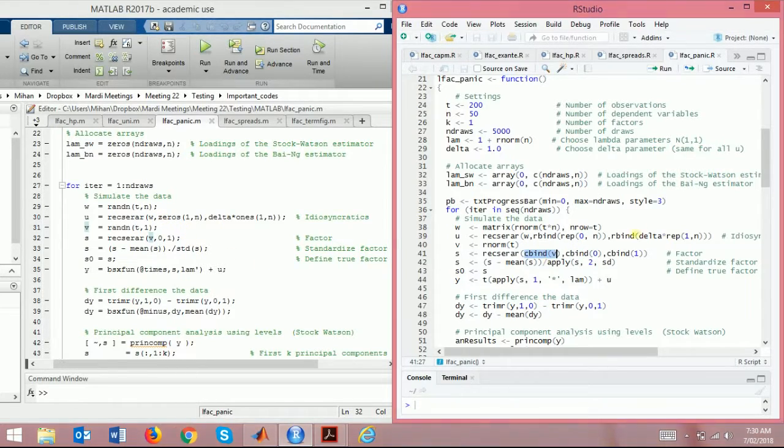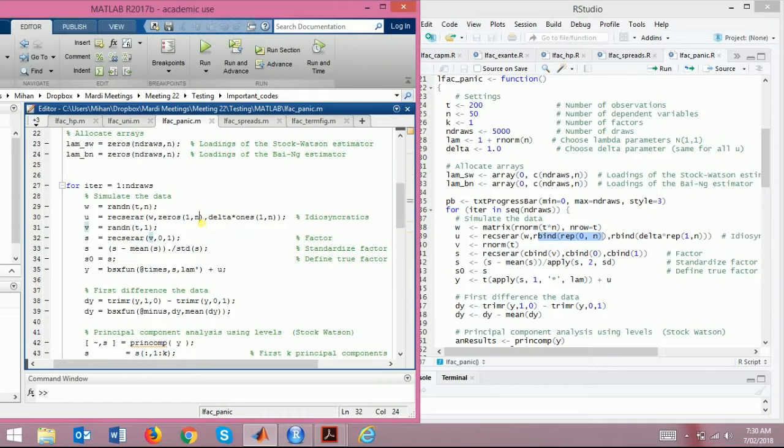Omega zeros, one row n column. Replicate one row, zeros in one row n columns. So this is being created by rows. Hence, because this is being created by rows, this will also be created by rows. Why is this important? Because the dimension for Rex order must be maintained. And what is the dimension?